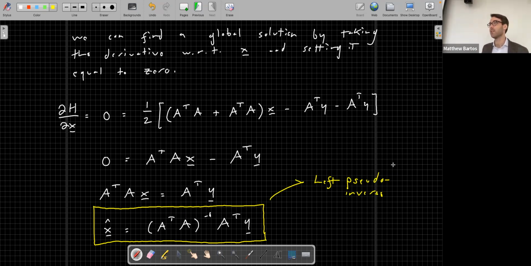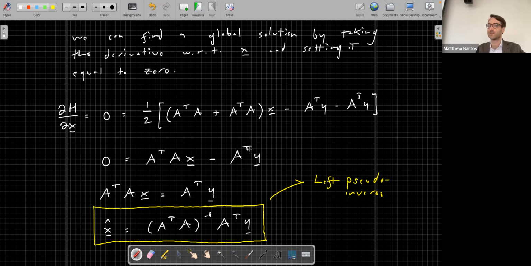So it finds the vector X that minimizes the error between AX and Y. It's a fundamental equation for solving overdetermined problems that occurs all over the place in domains like data science, where you often have more data than unknown parameters, more equations than unknowns.